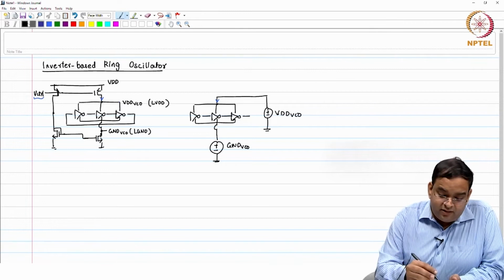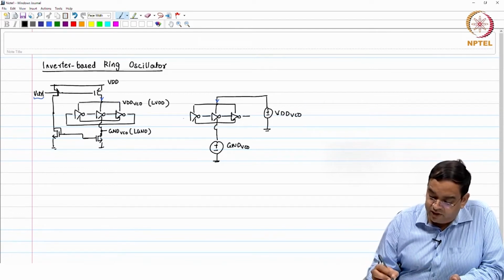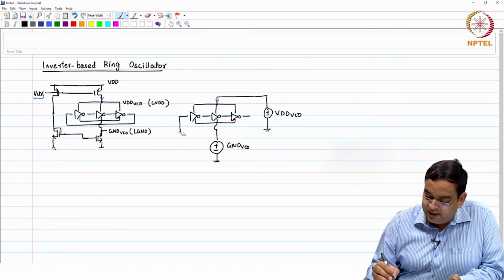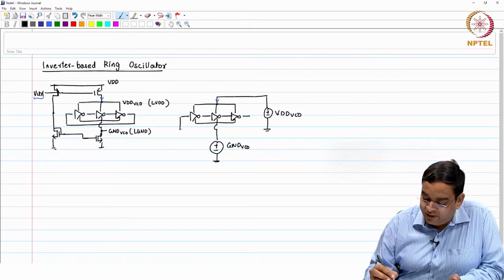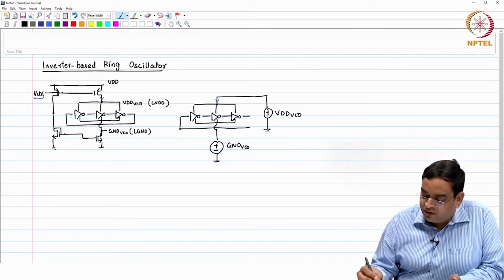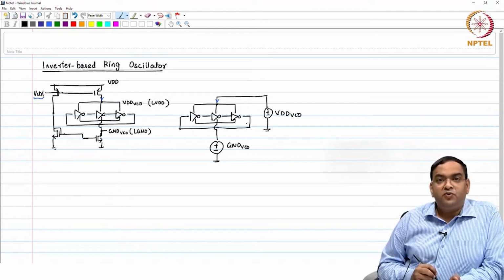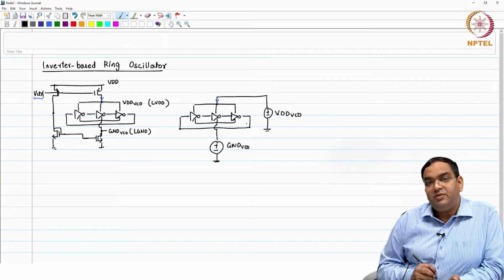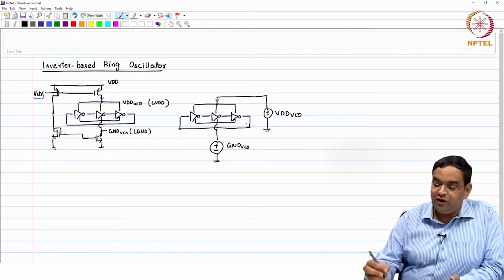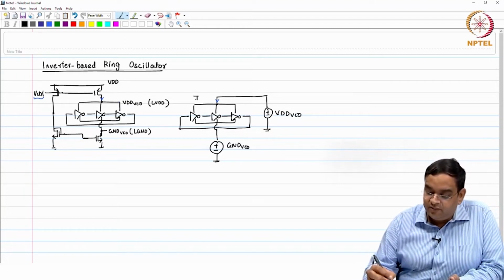Then whether you have the oscillator on the right hand side or on the left hand side, both oscillators will operate at the same output frequency. I call this current I VCO.